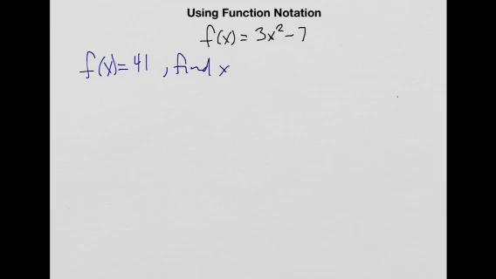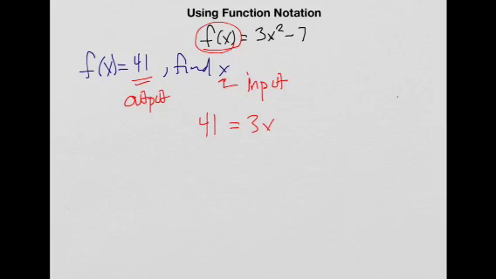Well, in this case, I gave you the output. I want to find the input. So the output is f of x, 41. That's 3x squared minus 7.